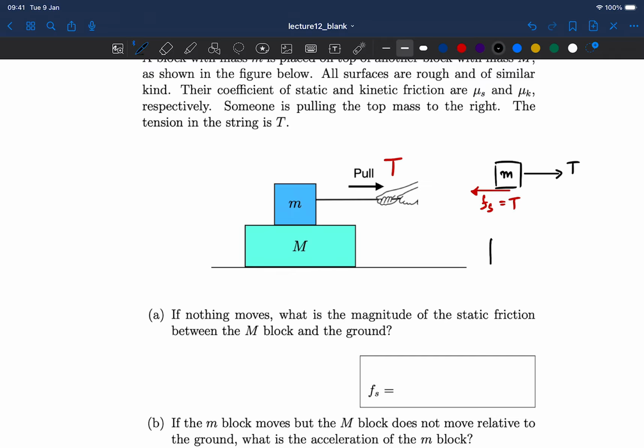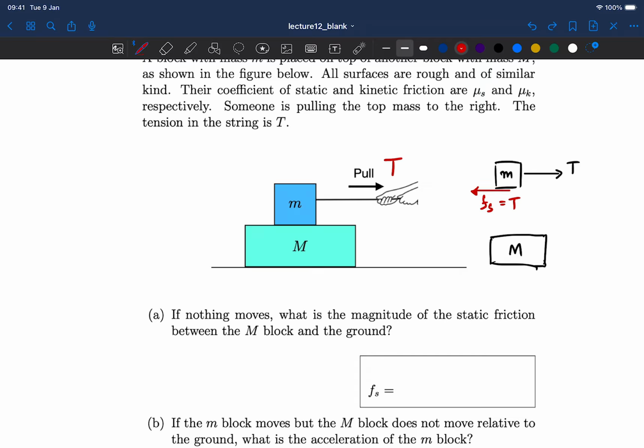Now for the big mass, the big mass is in contact with small mass. And this static friction here is the force that big M is exerting on small m.